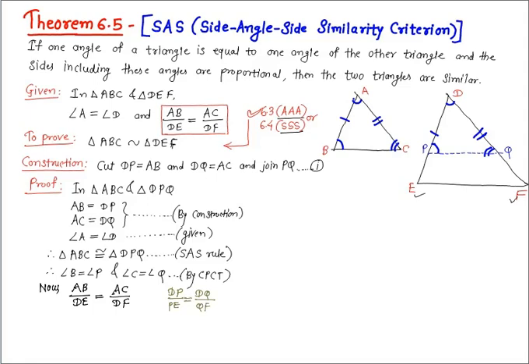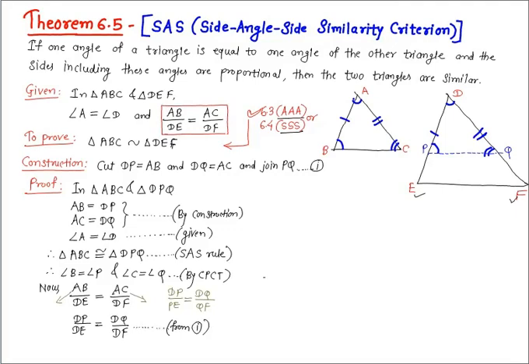And since by construction we know that AB equals DP and AC equals DQ, we can write DP in place of AB here and we can write DQ in place of AC here. So what we get? DP by DE is equal to DQ by DF. This we got from construction, that is from 1.